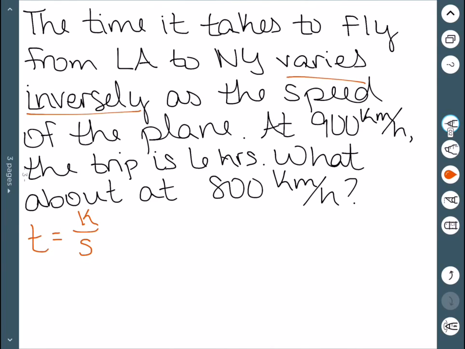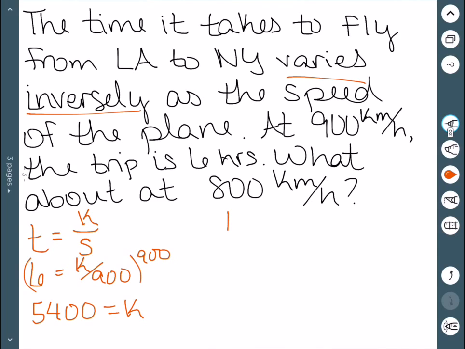We know that the time is 6 hours when we're going 900 kilometers. Multiplying everything by 900 gives me 5,400 is equal to k. Therefore, I now have my formula, and I can stick in 800 for s.